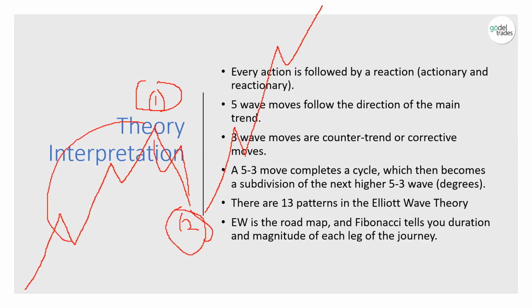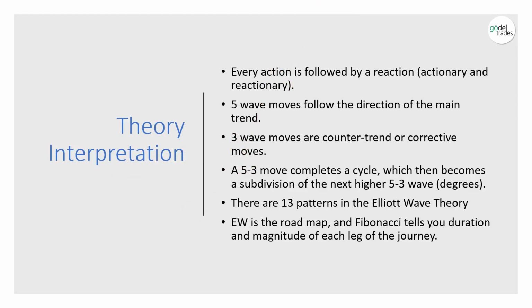Then you have another 1, 2, 3, 4, 5. That will make up wave 3 of a higher degree sequence, and so forth and so on. 5-wave moves, as just mentioned, follow the direction of the main trend, which is essentially the trend of the highest degree sequence.